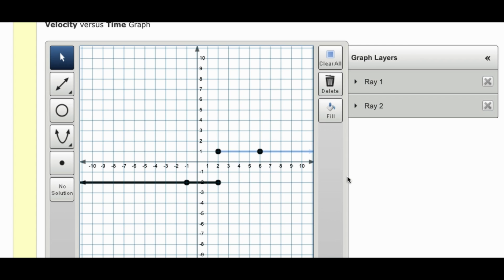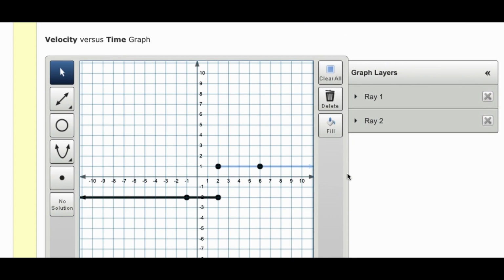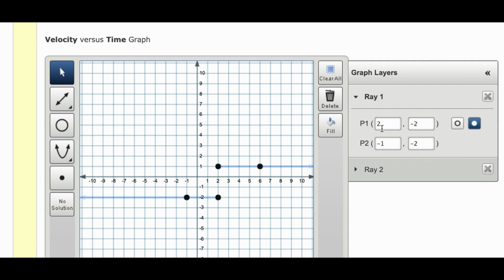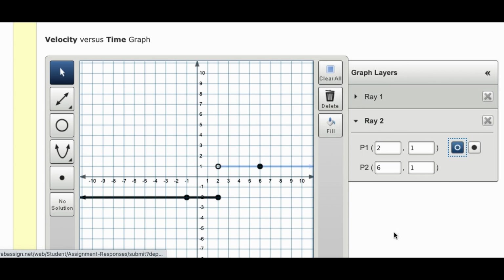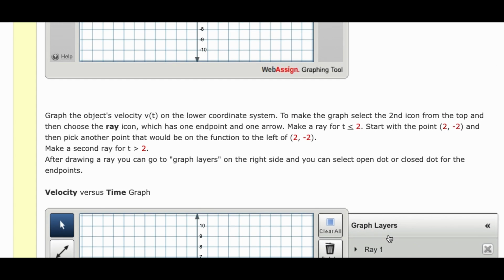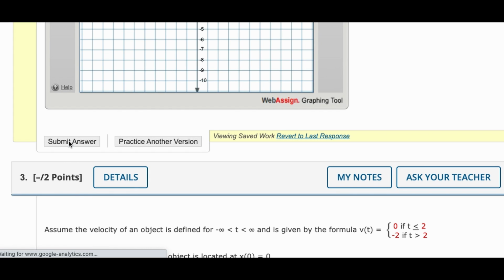Should be able to do that. Now you can edit the rays to make them either open or closed dot. So I want my ray 1 to be a closed dot, but I want my ray 2 to be an open dot according to the function they described. So let's submit that.